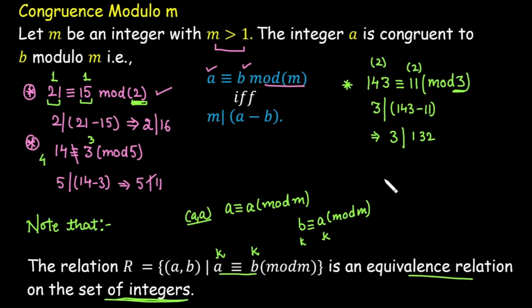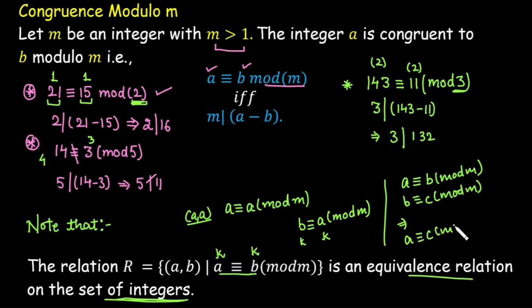Similarly, we can think for the transitive. So if I say that A is congruent to B mod M and B is congruent to C mod M, can we say that A is congruent to C mod M? Just check whether there is a change in a remainder or not.